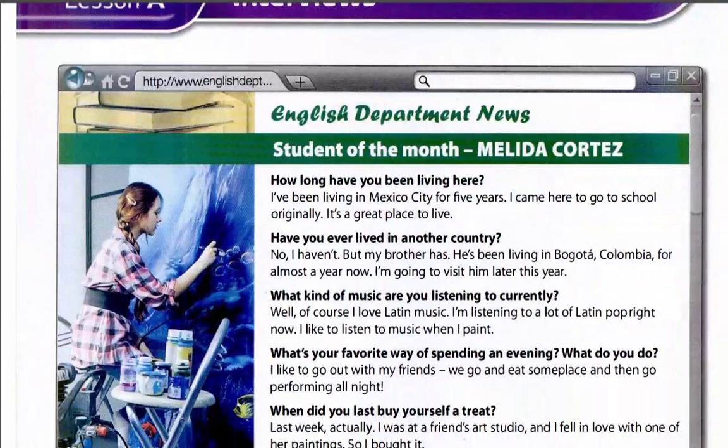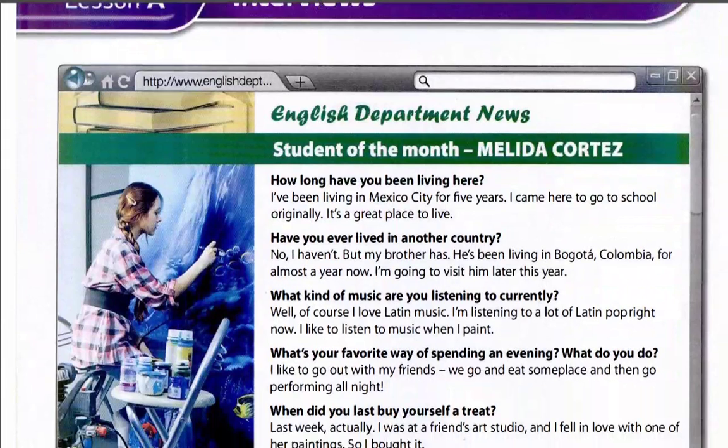She says, well, of course, I love Latin music. This is an interesting word, love. She's talking about her feelings about music now, but she doesn't say, I am loving Latin music. Even though she's answering a question about what she's doing now, she doesn't use the present continuous with the verb love. Love, like, hate, these verbs of preference are usually not used in the present continuous.